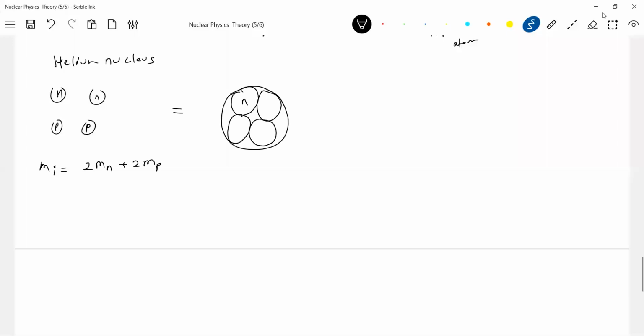So this is neutron, proton, proton, neutron. Anything you can write. This is what happened. Mass of the nucleus, let me call it final. I'll measure this mass. Shall I say alpha particle or helium nucleus? Better you call it.